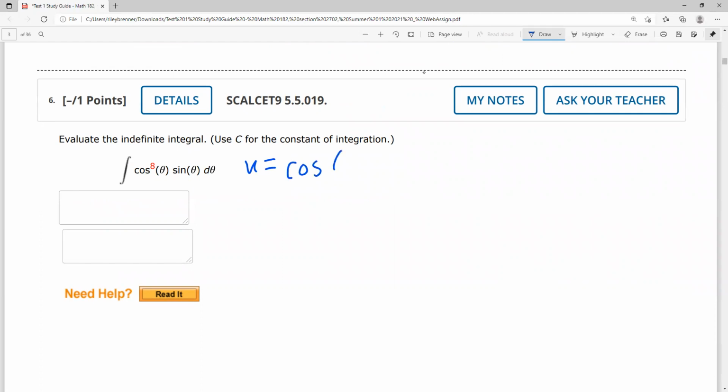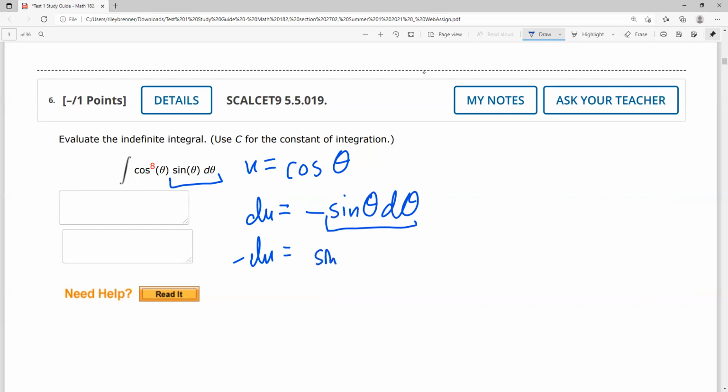Cosine theta, right? And the reason being, if you take the derivative of cosine, you get negative sine theta d theta. The key part here, sine theta d theta is what we have right here, right? That's how we can u-sub it. So this will just be negative du is equal to sine theta d theta. If we go ahead and sub it now, we have the integral of cosine to the eighth, so u to the eighth, and then sine d theta is equal to negative du.